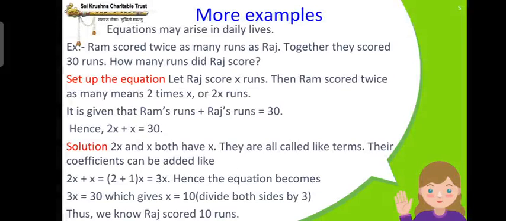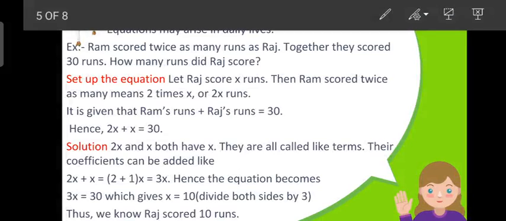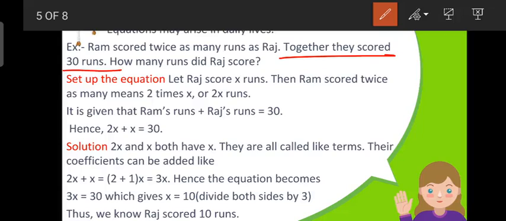Ram scored twice as many as Raj. So if Raj's score is x, twice means what? You have to use a multiplication sign. So 2 into x is Ram's score. When you add them together, the total score is 30 runs. So it is 2x plus x is equals to 30.